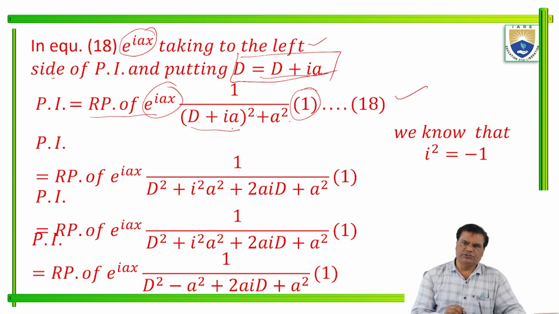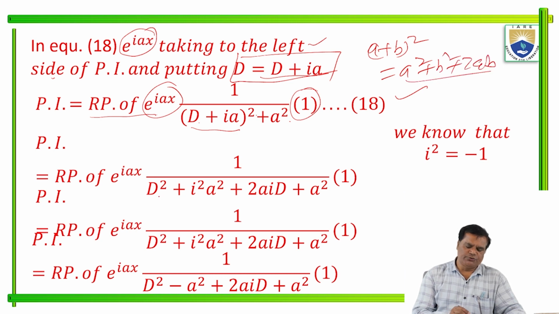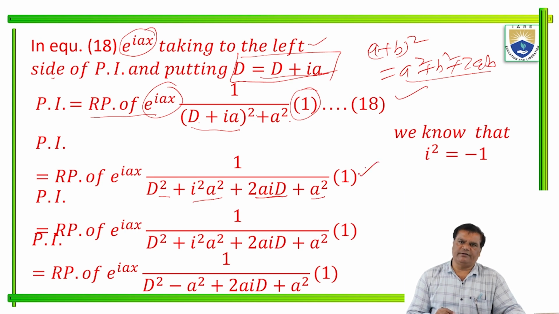Now expanding this whole square using the formula (a plus b) whole square equals a square plus b square plus 2ab, we get d square plus i square a square plus 2dia, plus a square. This 1 is a constant function, because our exponential function goes to the left side.